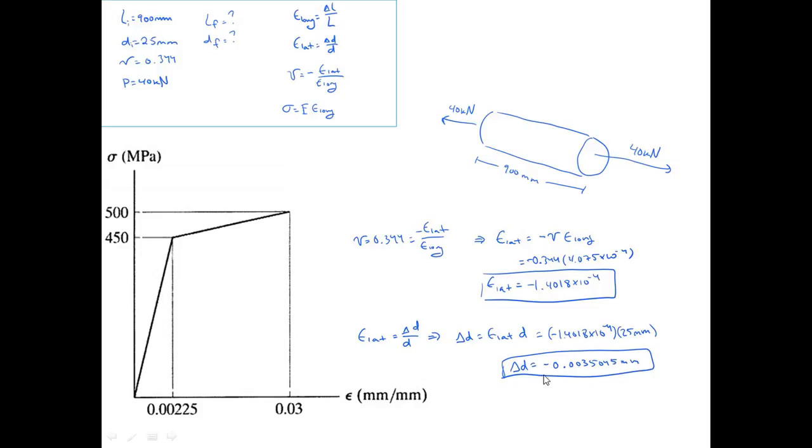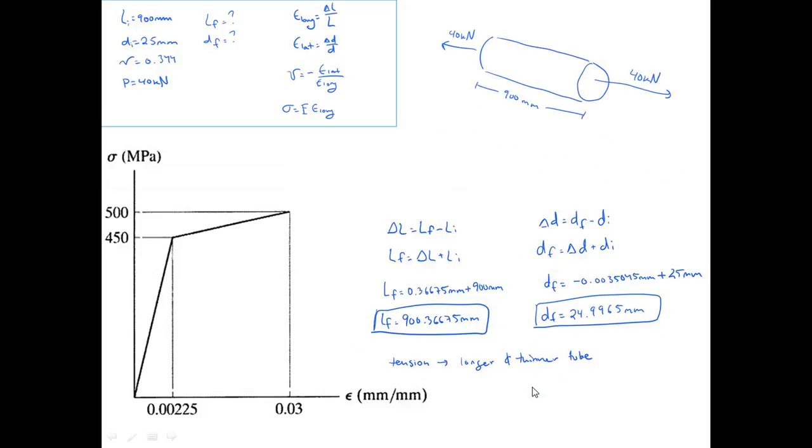Okay, so up to this point, we found change in length and change in diameter, and we know our original length and our original diameter, so now we can find the new length and new diameter. We know that a change in length is L final minus L initial, same thing for diameter. So in the end, my final length is the change in length, which we found, plus my original length.